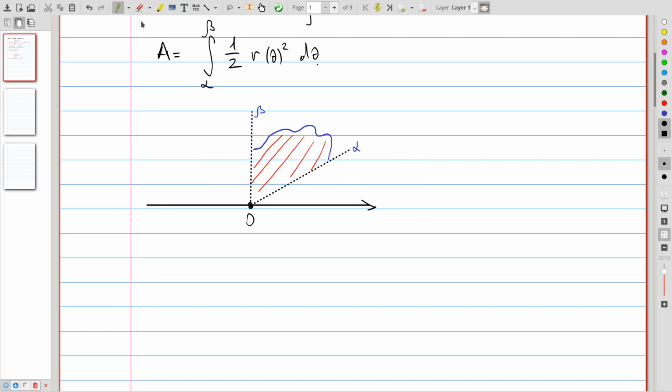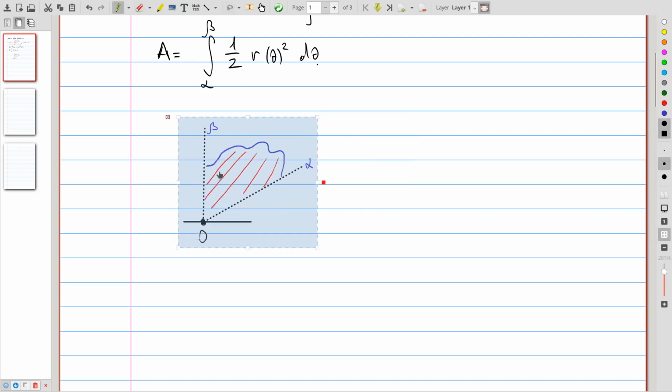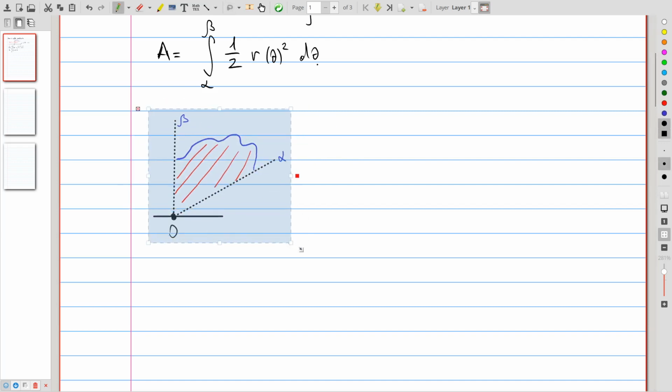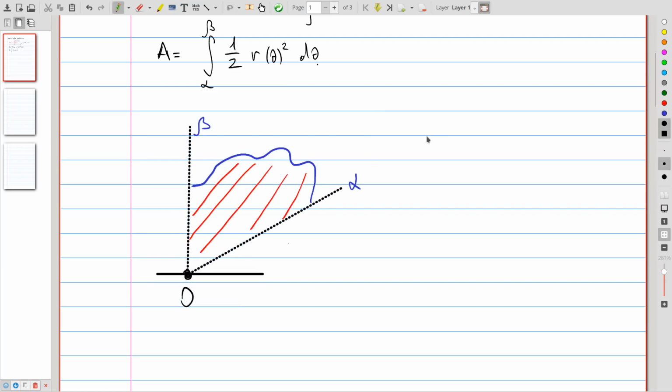The area of interest can be thought of as split into very thin, very long triangles. This is similar to how we dealt with integration in the case of Cartesian coordinates. In the Cartesian context, what we did there was splitting area into a large number of thin, tall rectangles. We're able to compute areas of these thin, tall rectangles precisely, and then we were just adding up these areas.